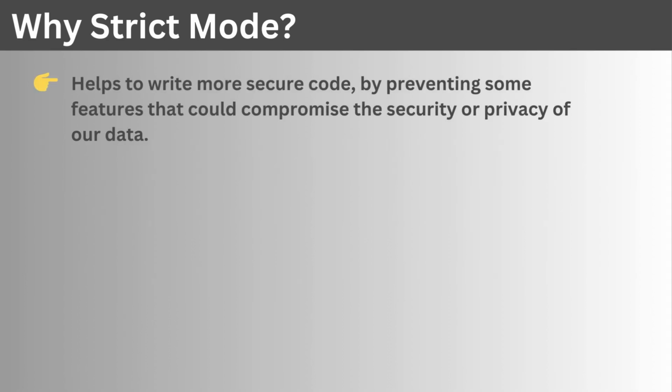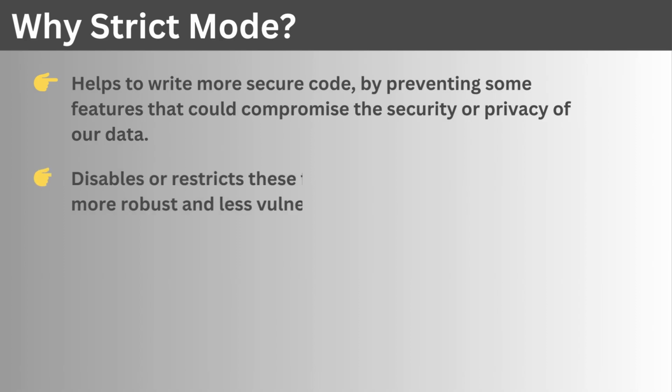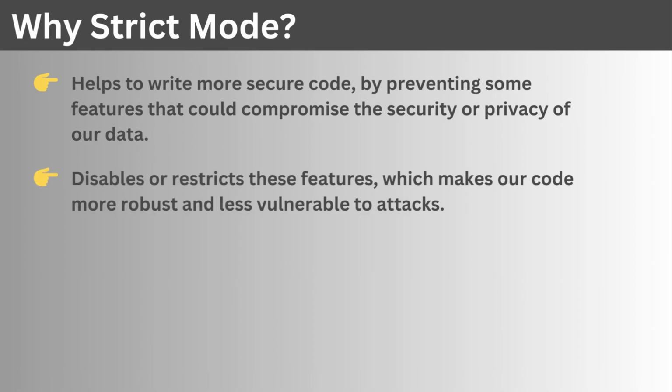Second, it helps us write more secure code by preventing some features that could compromise the security or privacy of our data. Strict mode will disable or restrict these features, which makes our code more robust and less vulnerable to attacks.